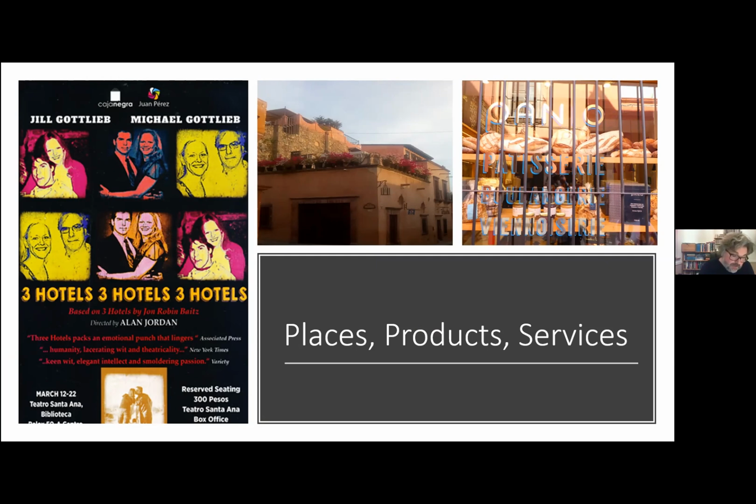And also in new housing developments further inside the city, in other parts of the city, with the appearance of gated communities as well, which is very significant. And also in external Mexican investment. So this is investors from, say, Mexico City investing in restaurants and hotels as well.